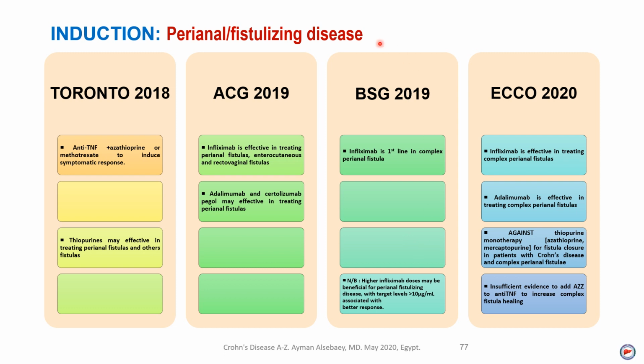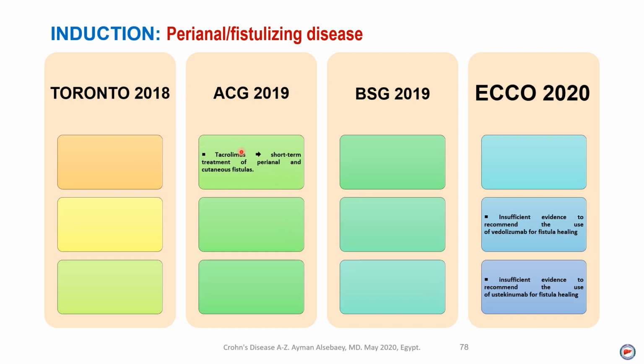But the British Society is the only one who focused on this, that if you elevate the trough level of infliximab to 10, you may have better healing, but it is not a recommendation, because it increases the cost. And there are some studies which did not find a difference between the two doses.